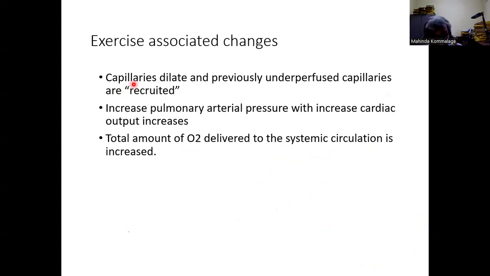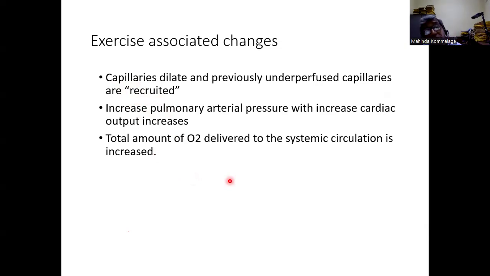One is that blood vessels will dilate and capillaries will dilate, and more capillaries which are not normally used will be used, and we call this recruitment of capillaries, and they send more blood to the alveoli. Pulmonary arterial pressure will increase because cardiac output will increase.